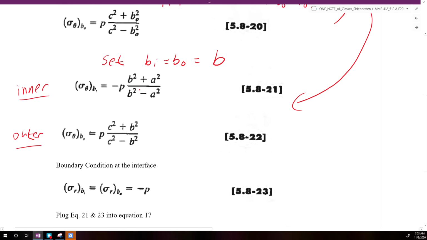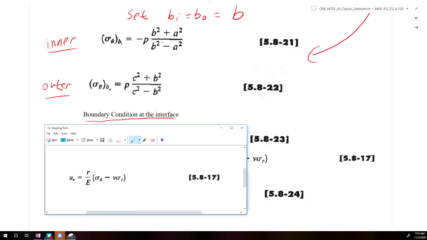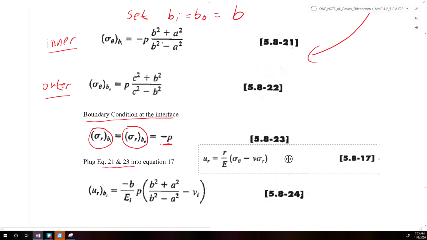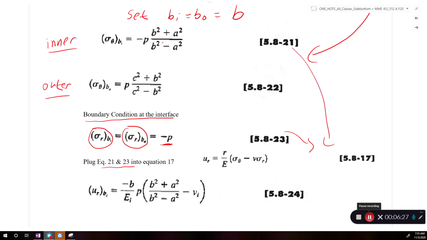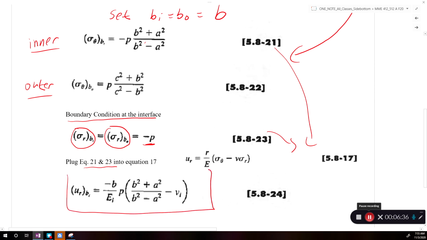For the boundary condition, we know that at the interface, the radial stress at the outer radius of the internal element and at the inner radius of the external element has to be equal to that combined pressure, which we'll denote as negative P. If you plug equation 21 and 23 into equation 17, we're just plugging in our radial and our tangential stresses, and we'll end up with this equation here.